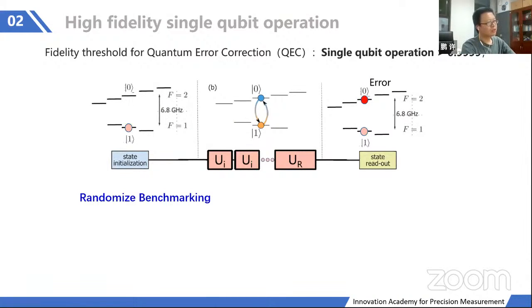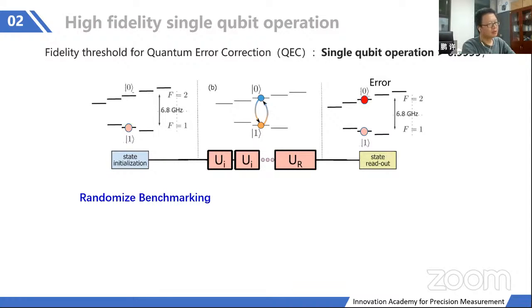And if we want to have very high fidelity single qubit operation, the first question is how to benchmark, how to measure this fidelity. There's a standard method, which is randomized benchmarking.